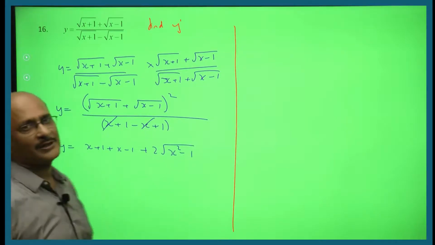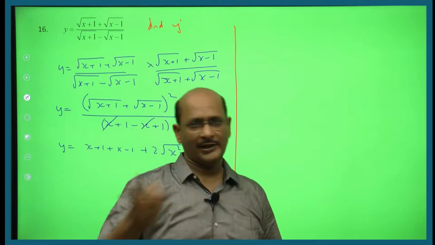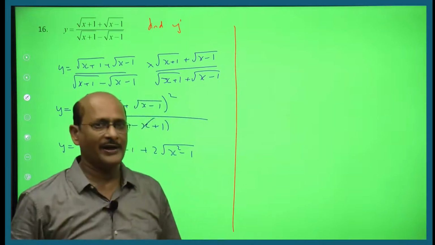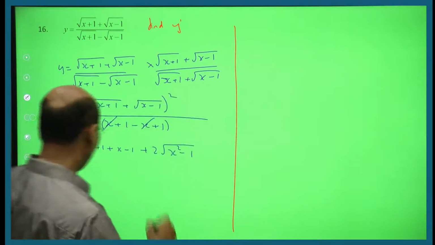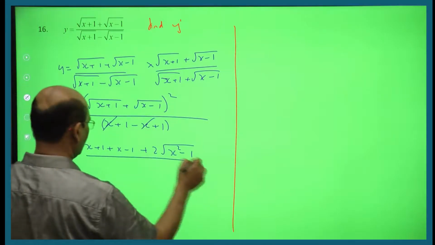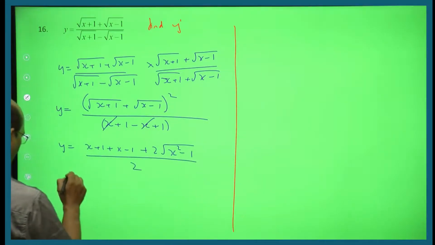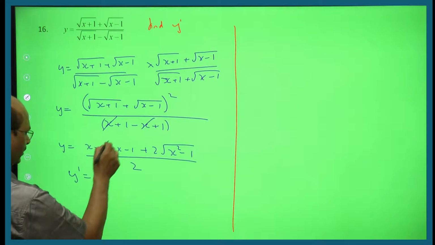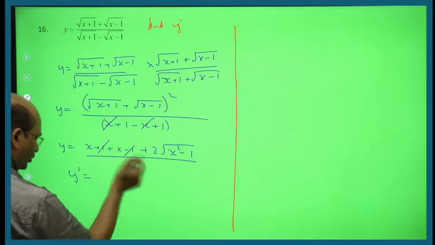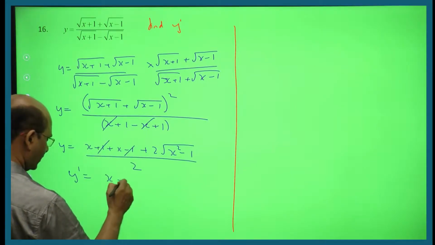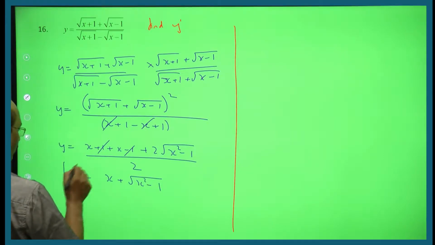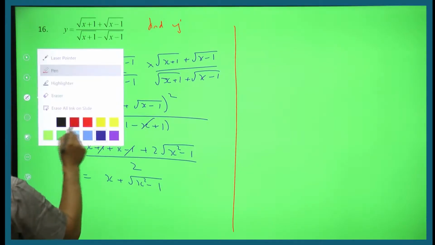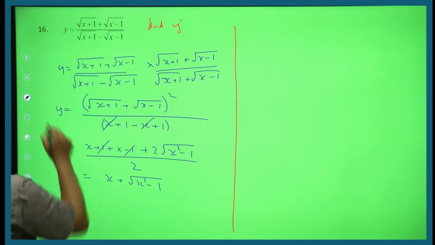Remember, root of x plus 1 into root of x minus 1, that is root of a plus b into root of a minus b, will be root of a square minus b square, don't forget that, upon 2. So y eventually will be, 2 gets cancelled, x plus root of x square minus 1. Not y dash, I am sorry, this is just the simplification here.